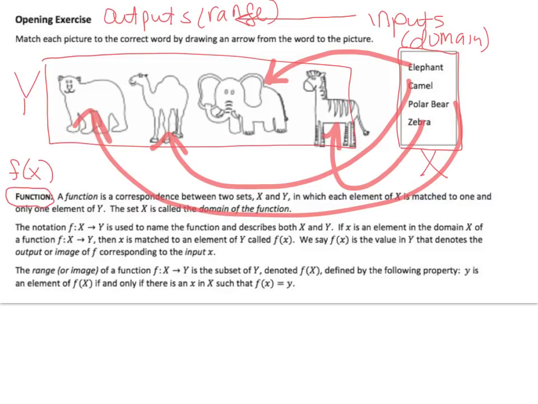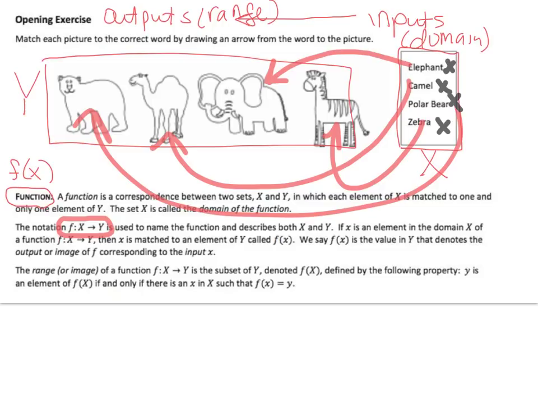This notation, f colon X goes to Y, that colon is called "such that." Very fancy, I know. The notation f such that x corresponds to y is used to name the function and describes both the set X and Y. If little x is an element in the domain X, so I've got little x here, these are all little x's. Those are all little x's.